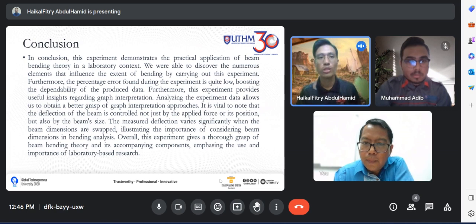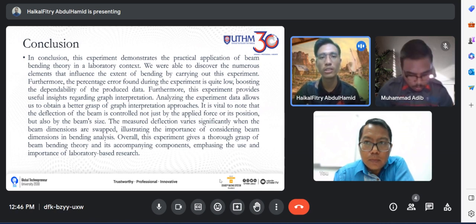In conclusion, this experiment demonstrates the practical application of beam bending theory in a laboratory context. We were able to discover the numerous elements that influence the extent of bending by carrying out this experiment.